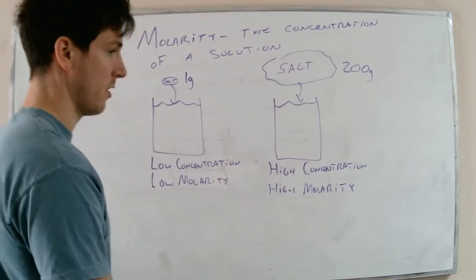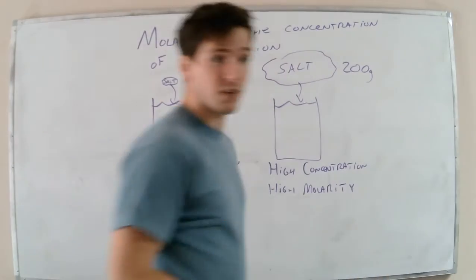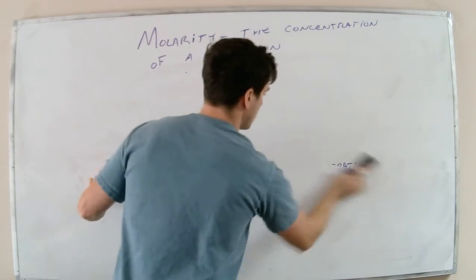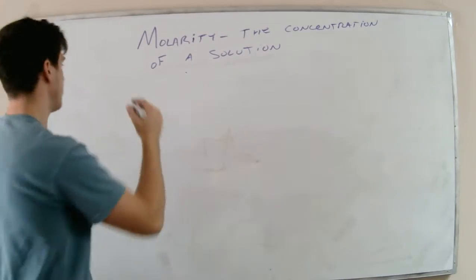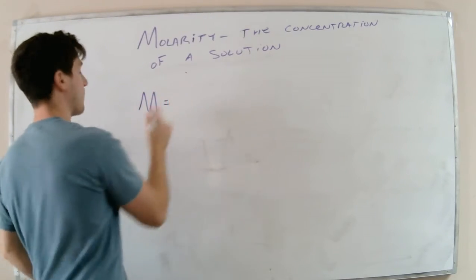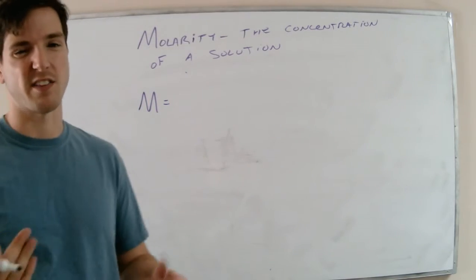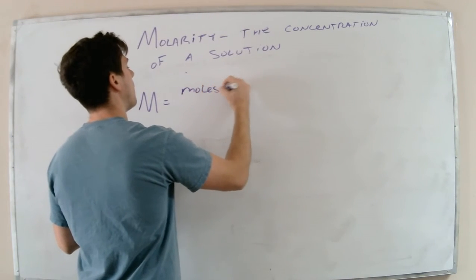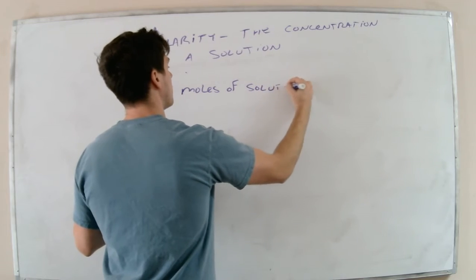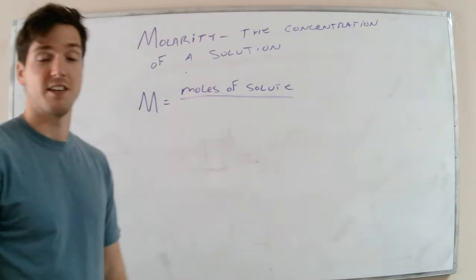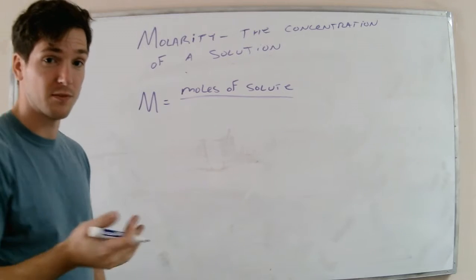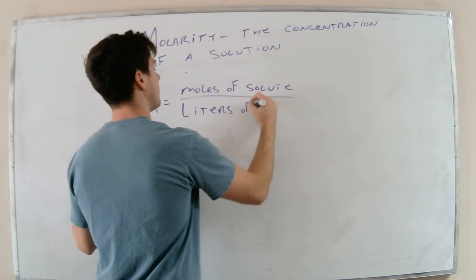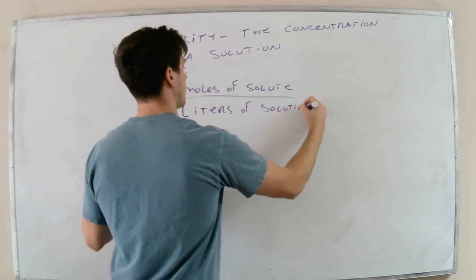Well, what is molarity in terms of units? Molarity is represented by the uppercase M. Lowercase m is mass, uppercase M is molarity, and it's just moles of solute, which remember is our solid that is being dissolved, over liters of solution.